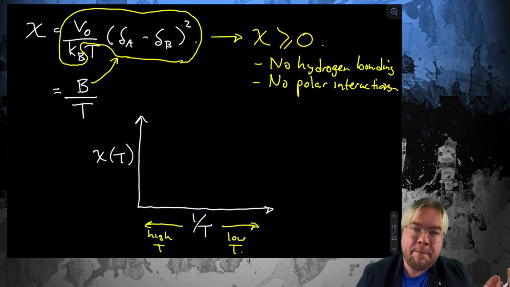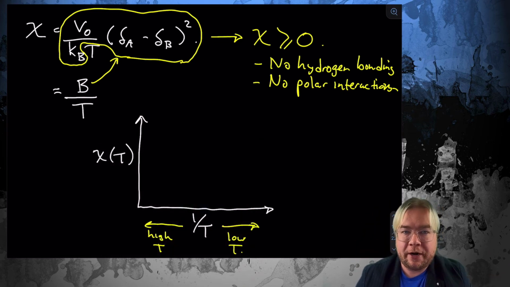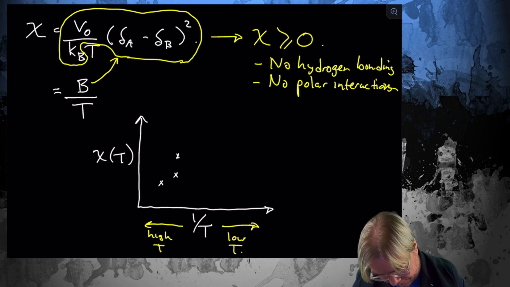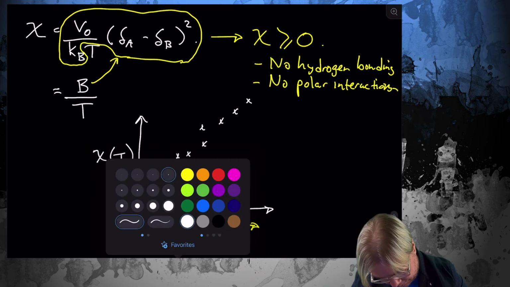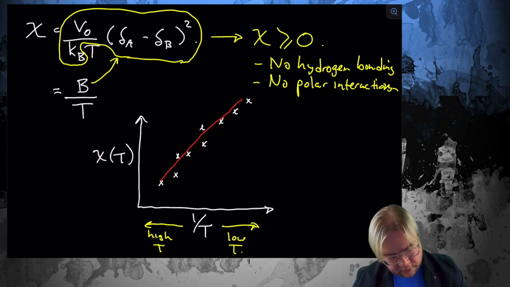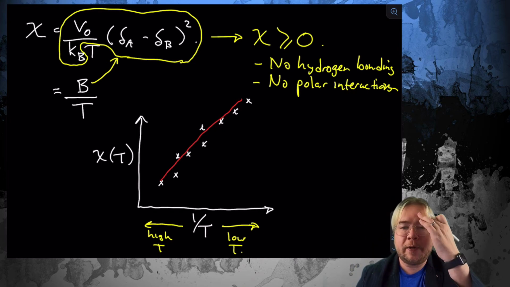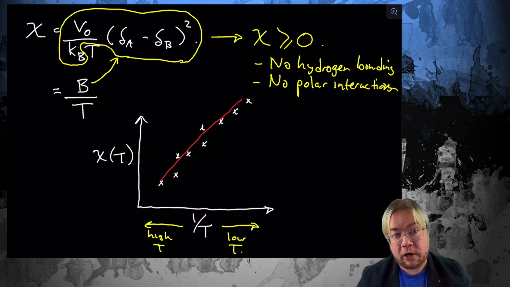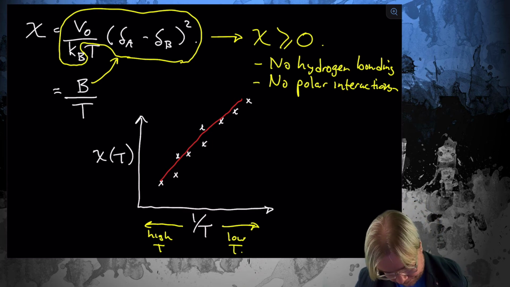So I can go out to my lab, I can take measurements of the chi parameter at various temperatures, and I can plot them. And what I typically find is something like this. So the relationship between chi and 1 over T tends to be linear. Again, it doesn't always have to be linear, but it tends to be.